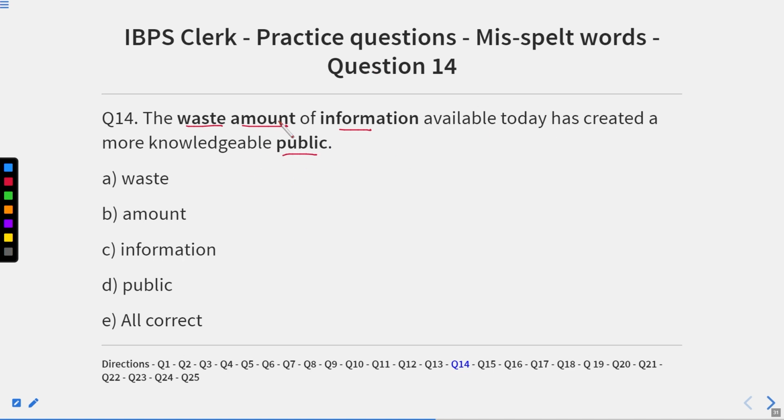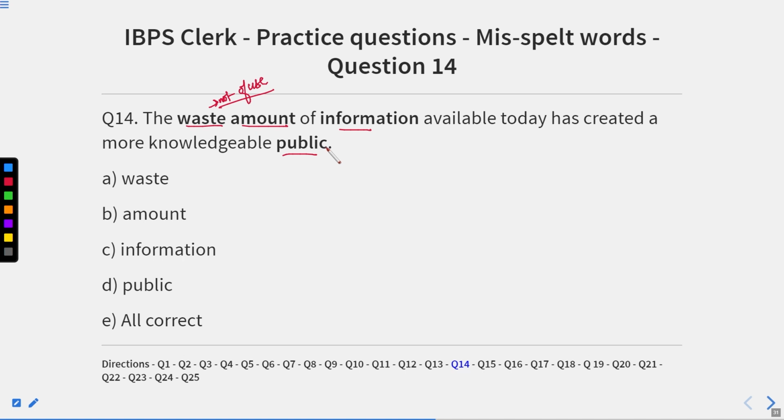Now let us see the meanings of these words. Waste, when something is spared, or you can say something is not of use, when something is there which is not of use. So not of use, that is just rubbish. Amount, a particular quantity of something. Information, any data that we want to gather, or the group of data.